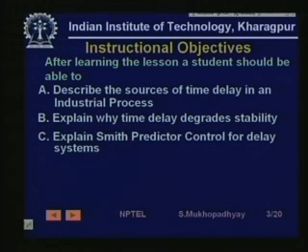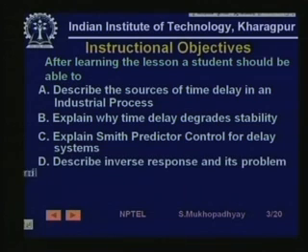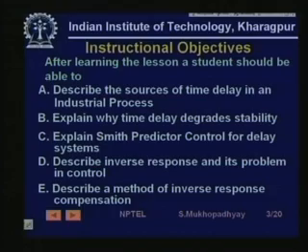Finally, in the context of time delay, we have to look at least one effective way of controlling it and see what it involves. Similarly, for inverse response processes, we have to first of all know what inverse response is and how it arises, with at least an example, and what kind of problems it causes in control, and then see one method of inverse response compensation. So this is what we are setting out to learn today.